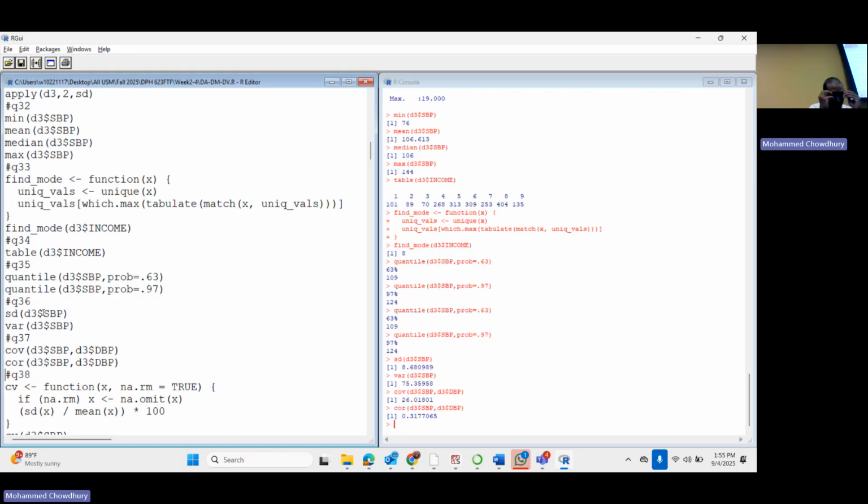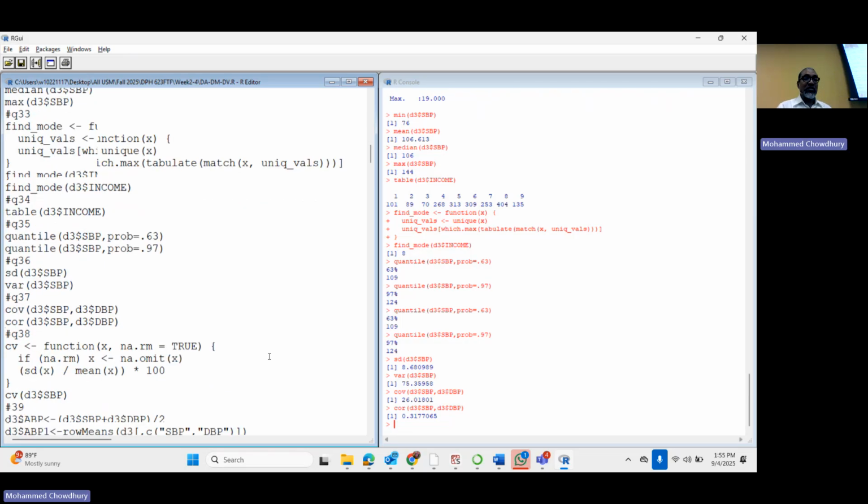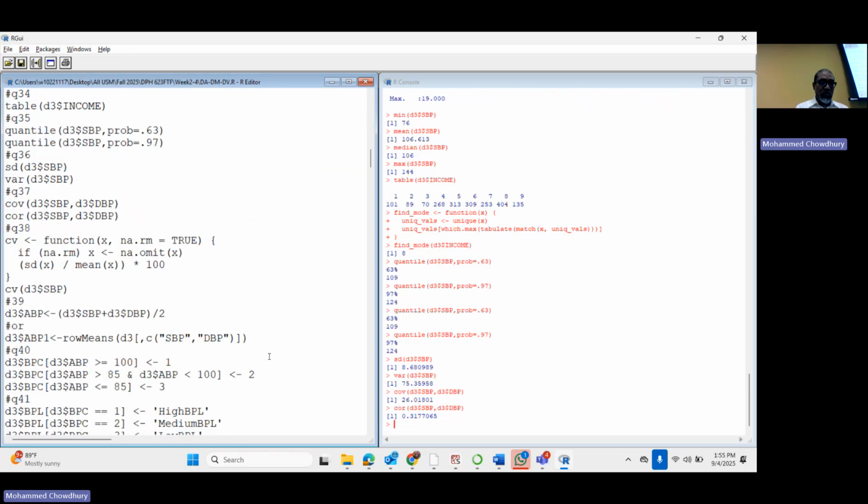So you understand these things. Now CV means coefficient of variation, which can be computed using this formula. But if there is any missing value, sometimes those computations cannot be done. So in that case, I use na.rm. What does this mean? In this highlighted part, NA means anything missing, and rm means remove.